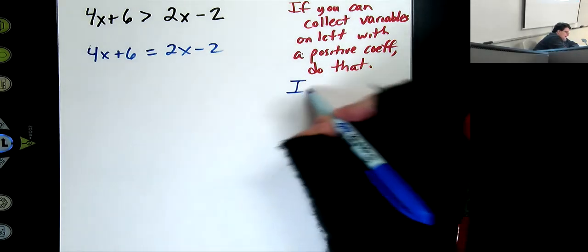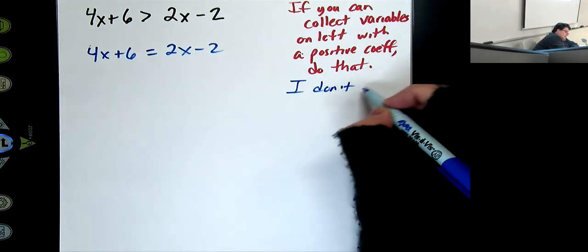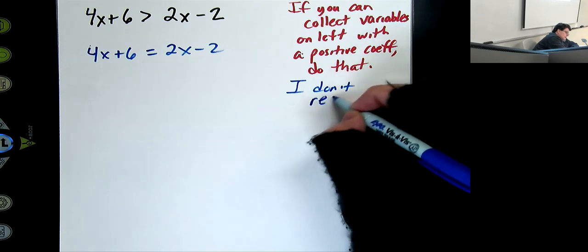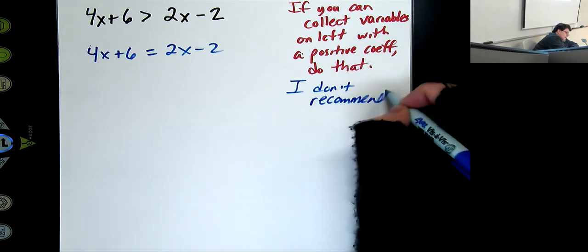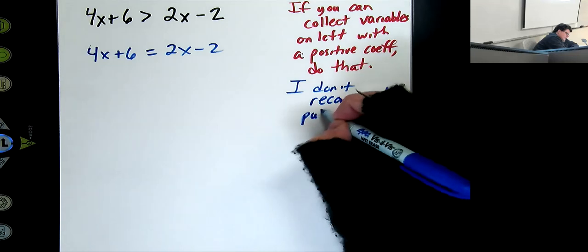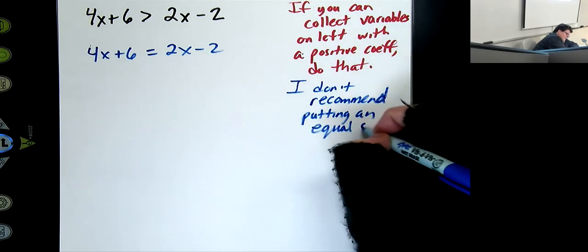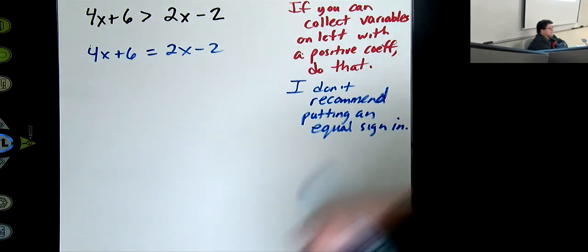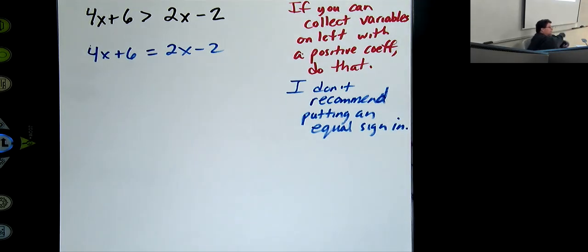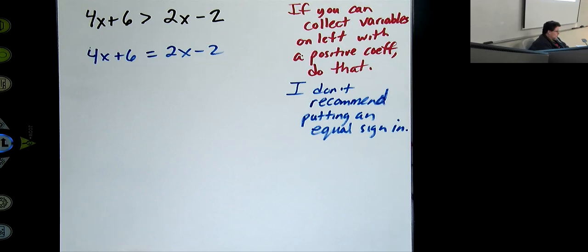I don't recommend putting an equal sign in, because if you have to swap the direction or divide by a negative or multiply by a negative, you're not going to remember later on to change the sign. But for the purposes of showing what's going on, for the first one, I'm going to do it and then I'll put it back in later.